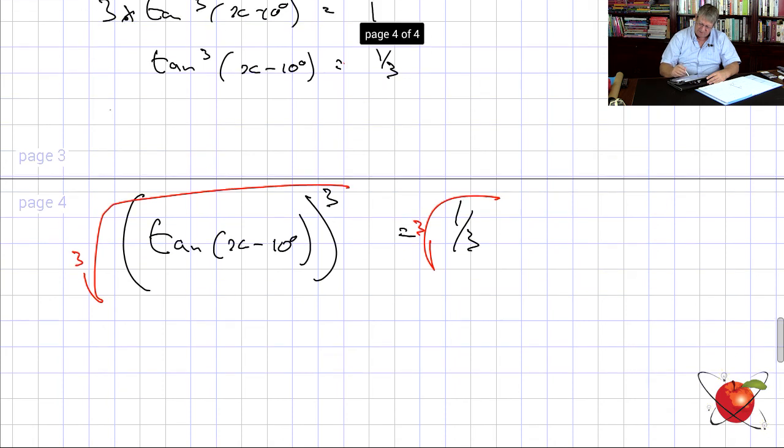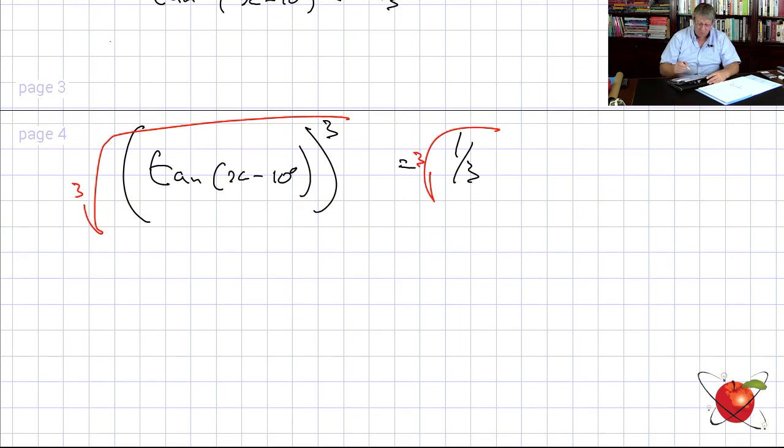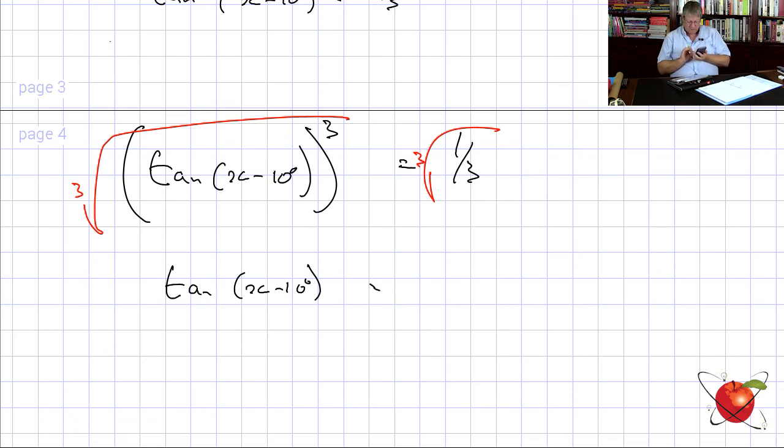And what am I left with? I'm left with this. The cube root of anything cubed is itself. Tan of (x minus 10 degrees) is equal to, and I have no idea, so I go to my calculator and say 1 divided by 3, to the power of 0.333, is going to be equal to 0.6934.